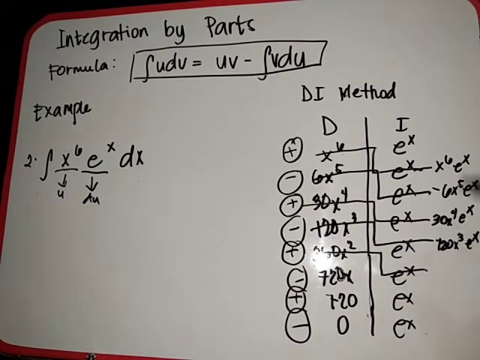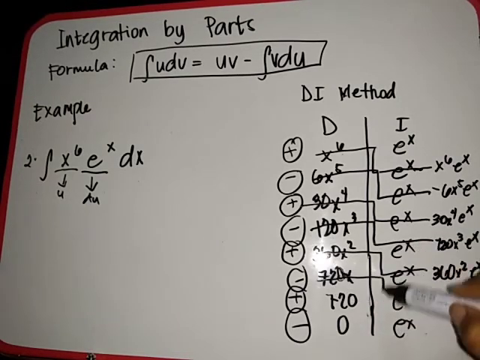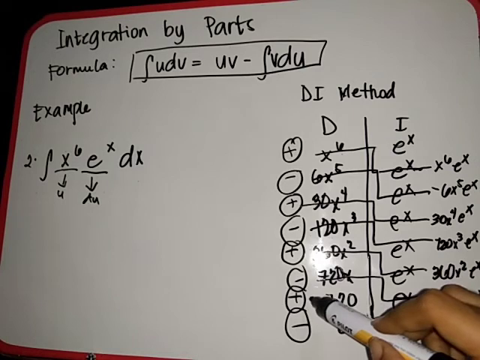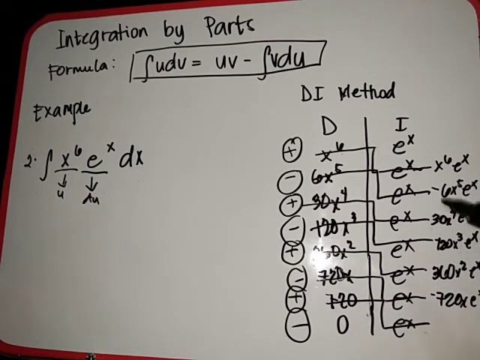And this is 360x squared e^x. This would be negative 720x e raised to x. And last is the 720 e^x.